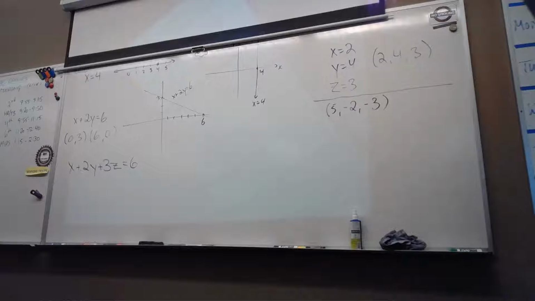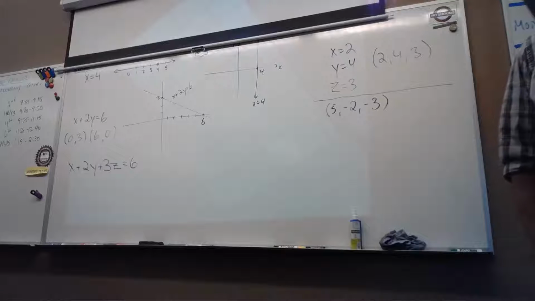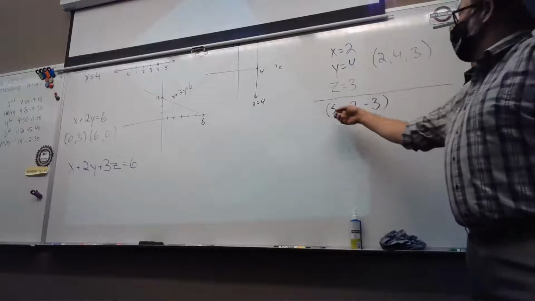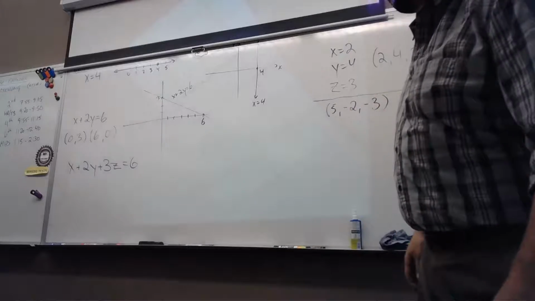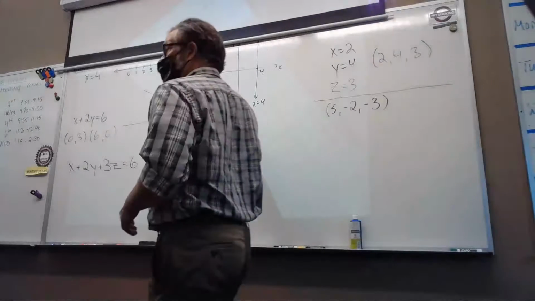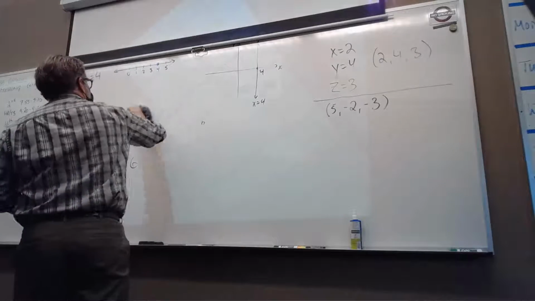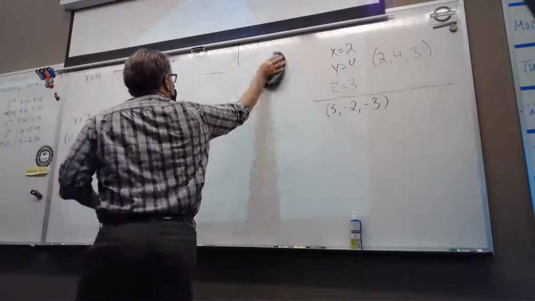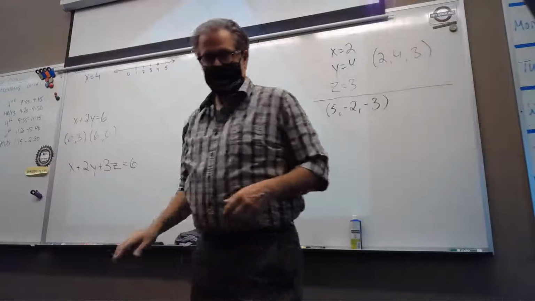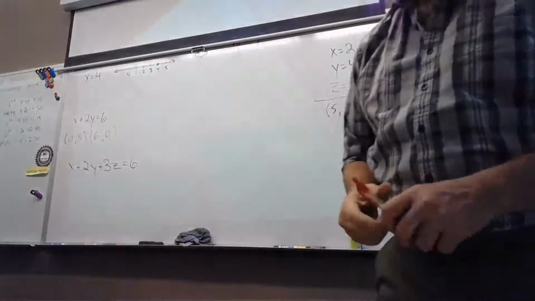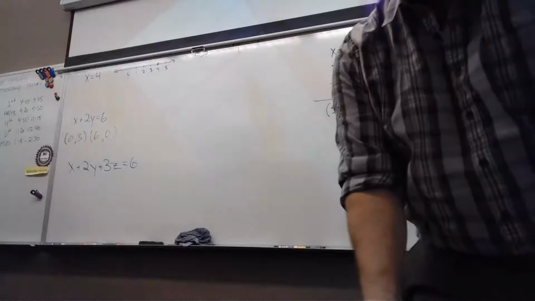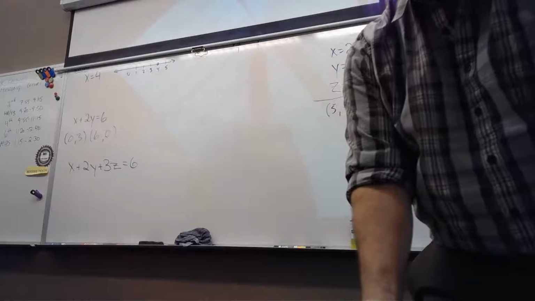All right, let's see what we got. Andrea, how am I going to get to 5, -2, -3? Like this. Can you describe to me what you're doing? Okay, so we went past this side right here. What's this side called? We went past the y-axis to get to the negative y-axis.